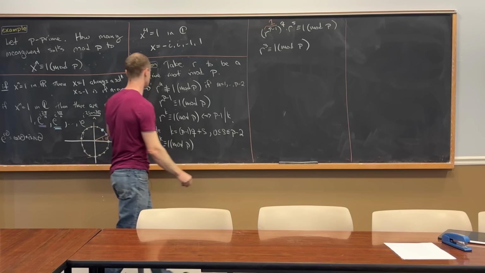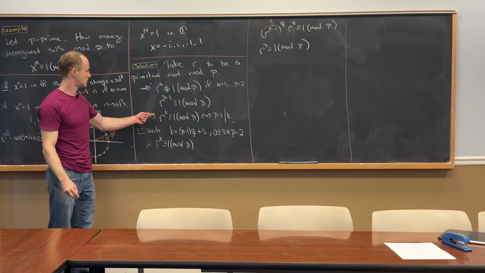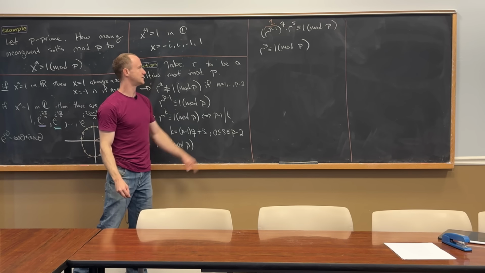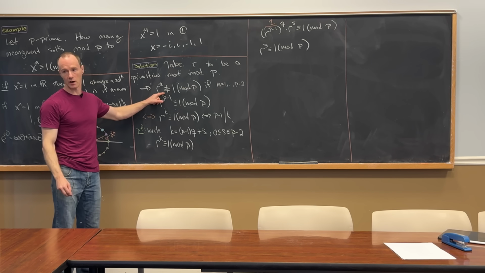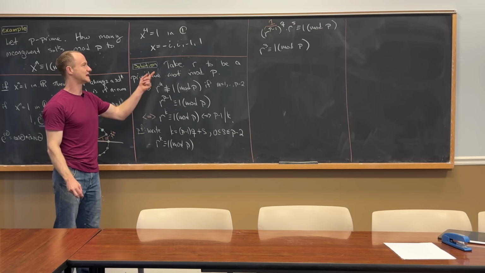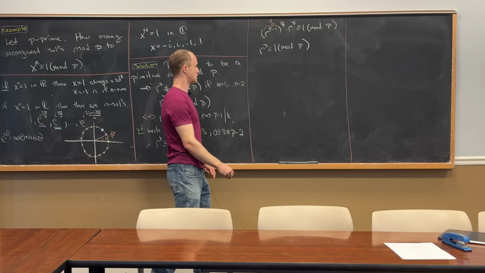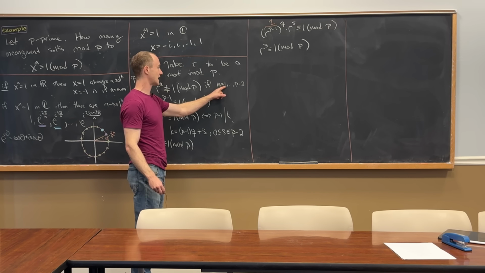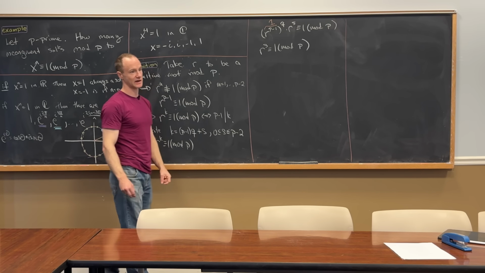But then since r is a primitive root, if m is 1 to p minus 2, you do not get 1, right? That's the definition of a primitive root, right? So that means that s has to be 0, right? So if s is between 0 and p minus 2, but it can't be 1 to p minus 2, it has to be 0.